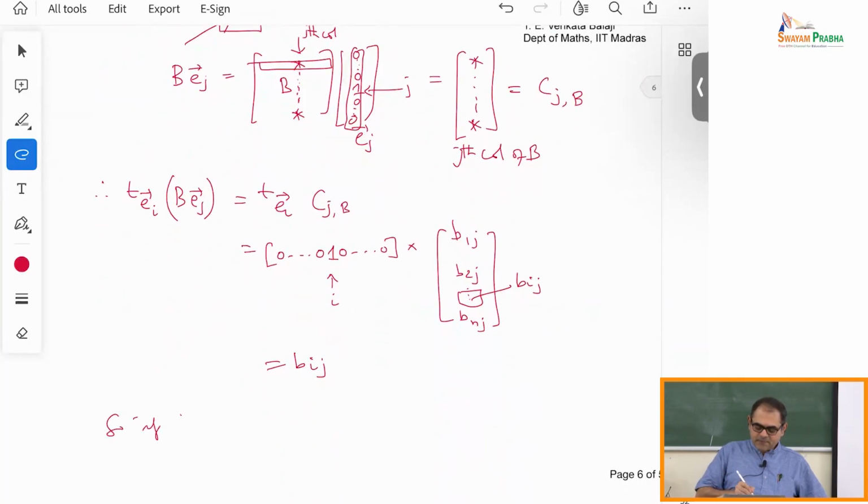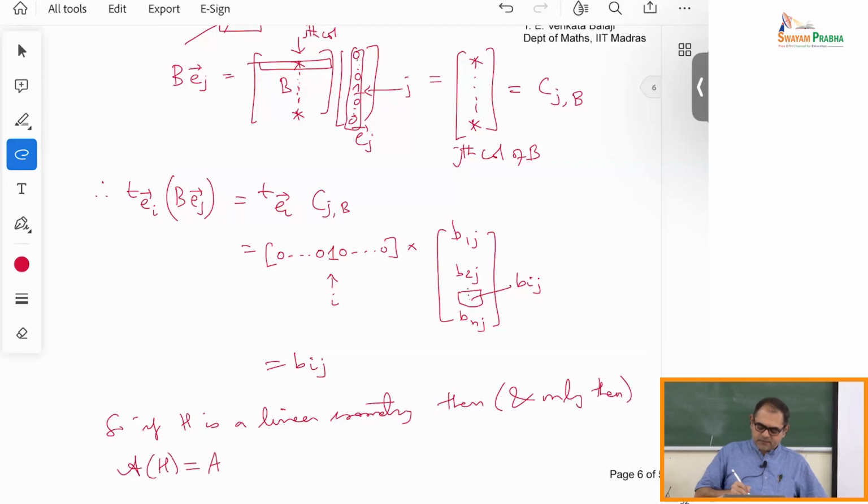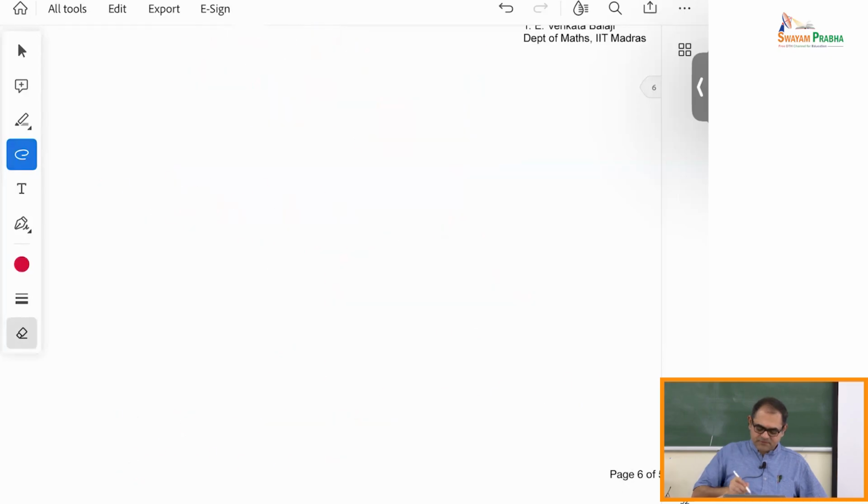So if H is a linear isometry, then and only then, as we have proved, let me say the following.